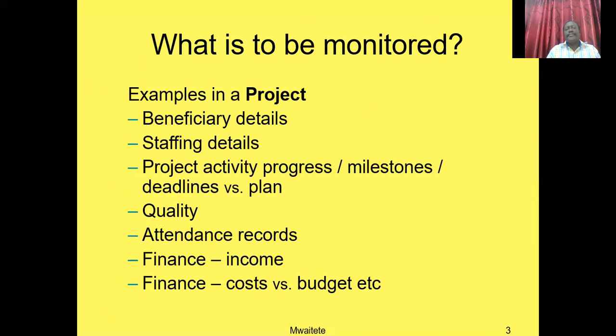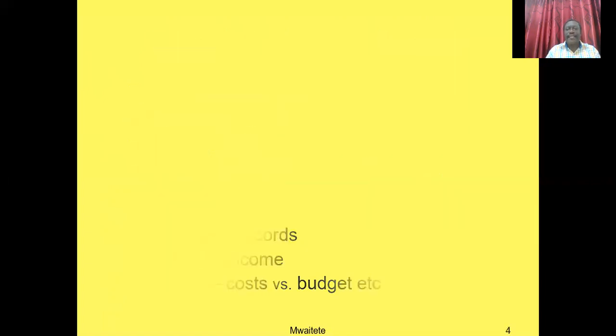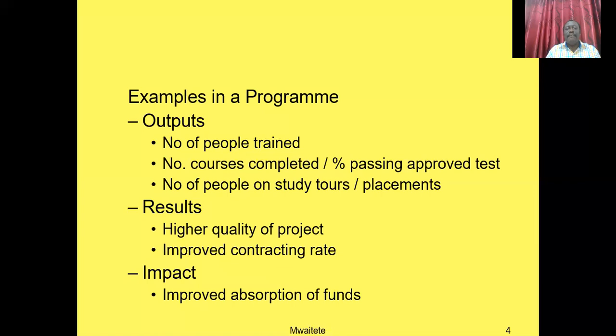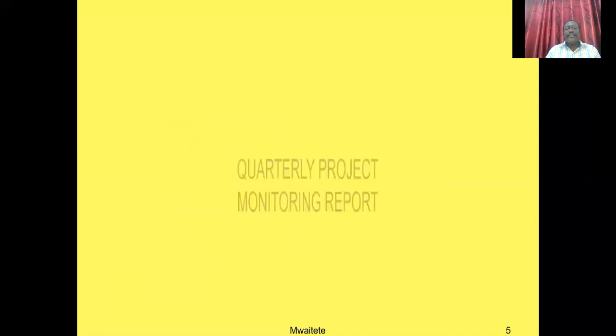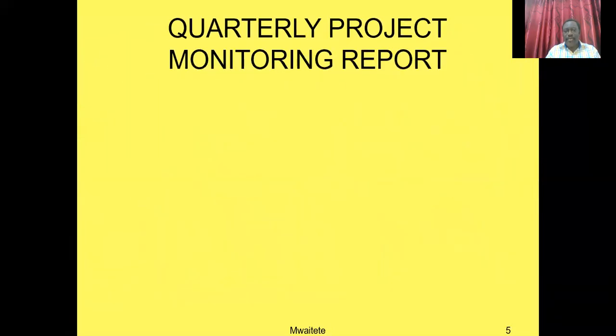You can monitor everything that is within the project, and any other business can be monitored. You can monitor the output, the results, the impact, and so many things within the project.